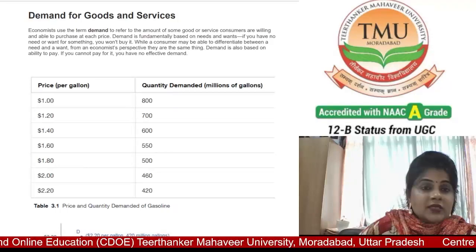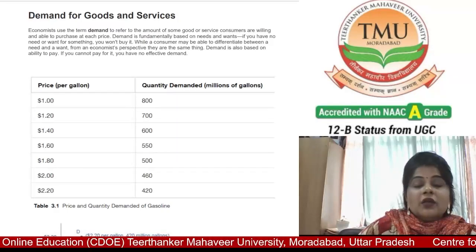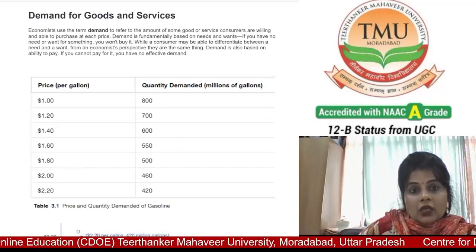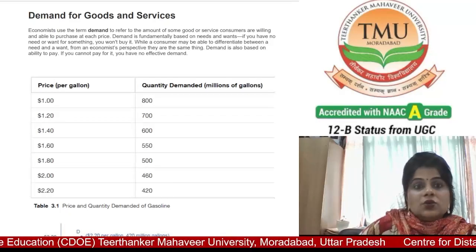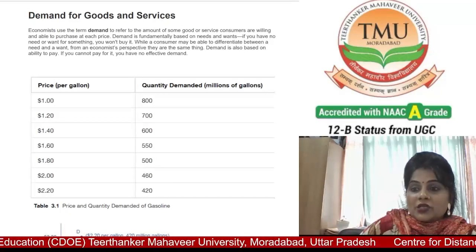Here you see that when the price rises, demand consistently decreases. So it has an inverse relationship.